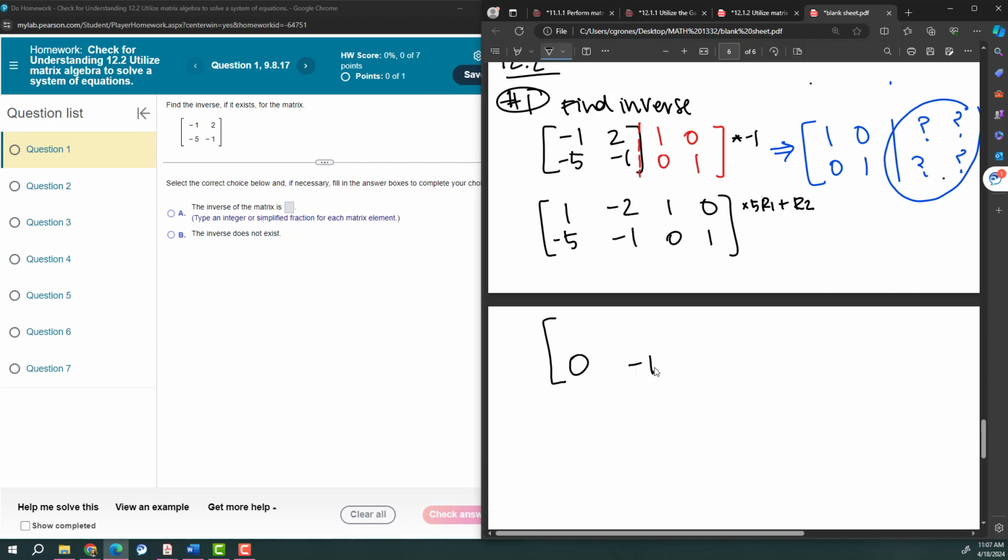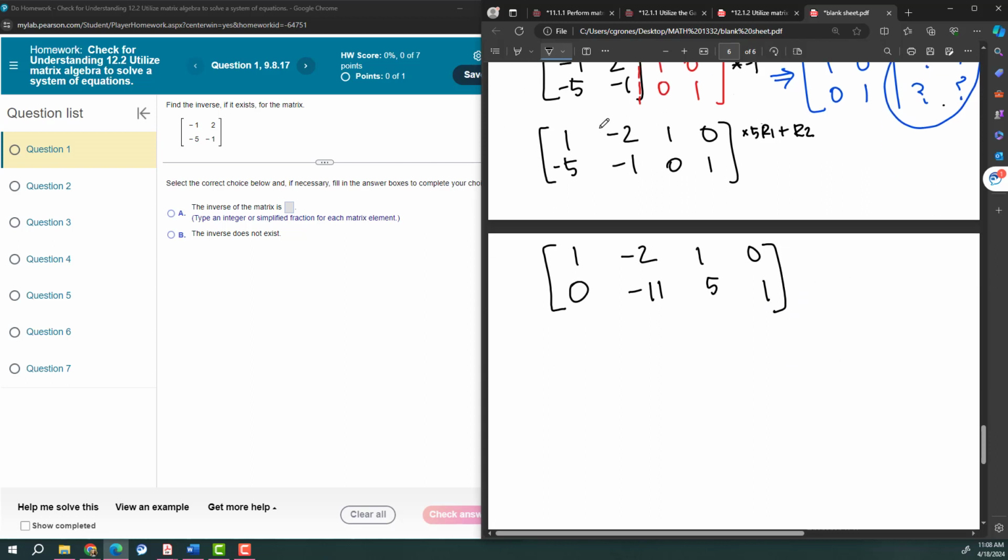Minus 1 is negative 11. 1 times 5 is 5, and then 0, 5, and then 0, and then plus 1 would be 1. And then we've got 1, negative 2, 1, 0 for our first row. So the row 1 stayed the same. We just manipulated our second row.